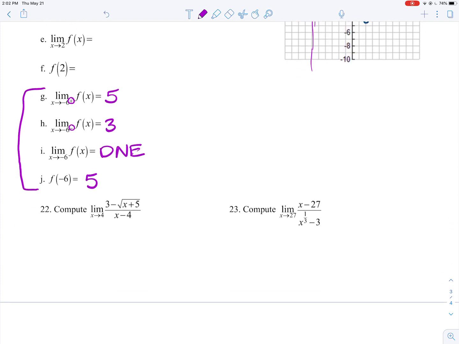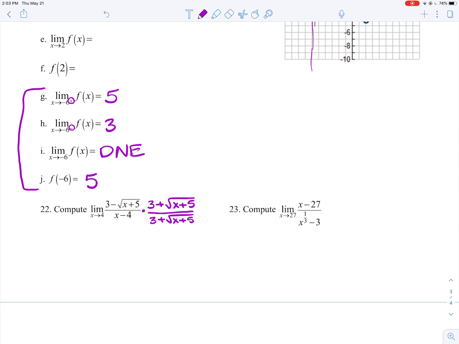Number 22 and 23 are pretty challenging. These are kind of like some challenge limit problems. The trick with the first one, I'm just going to get it started for you, and you can check the key as well. You're going to want to multiply both the top and bottom by 3 plus the square root of x plus 5.